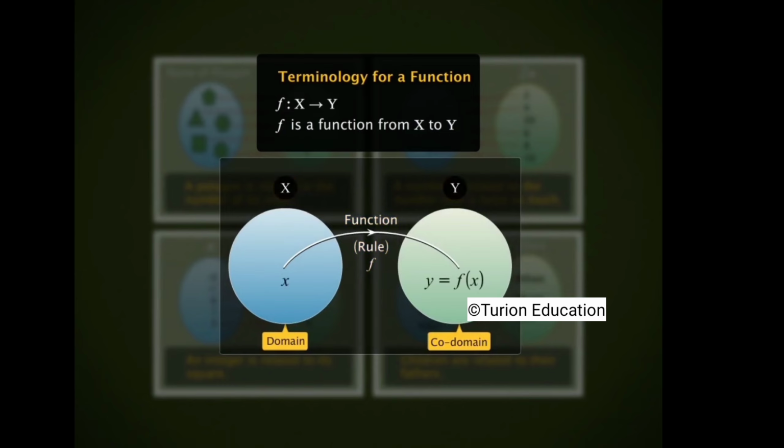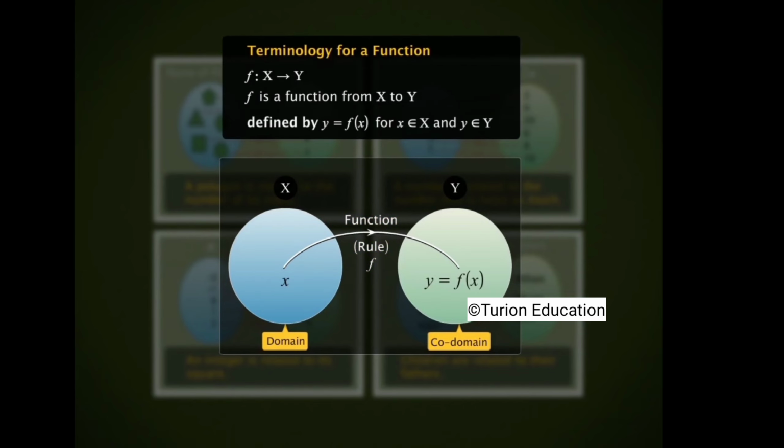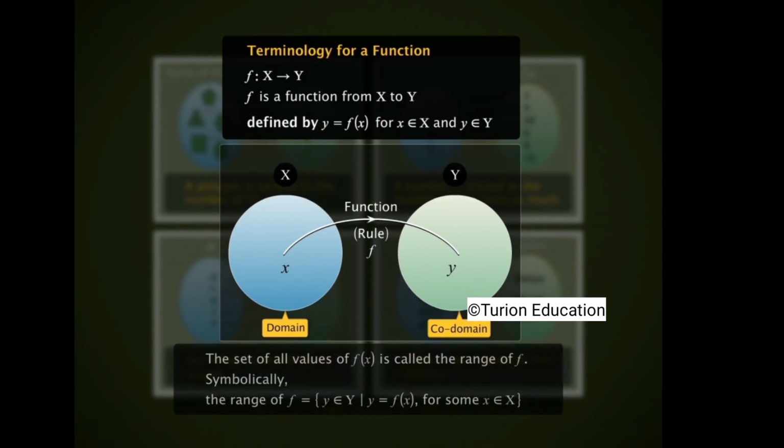By the definition of function, given an element x in the set x, there is a unique element y in the set y that is related to the element x. This unique element y to which f relates x is denoted by f of x. The set of all values of f of x taken together is called the range of f.